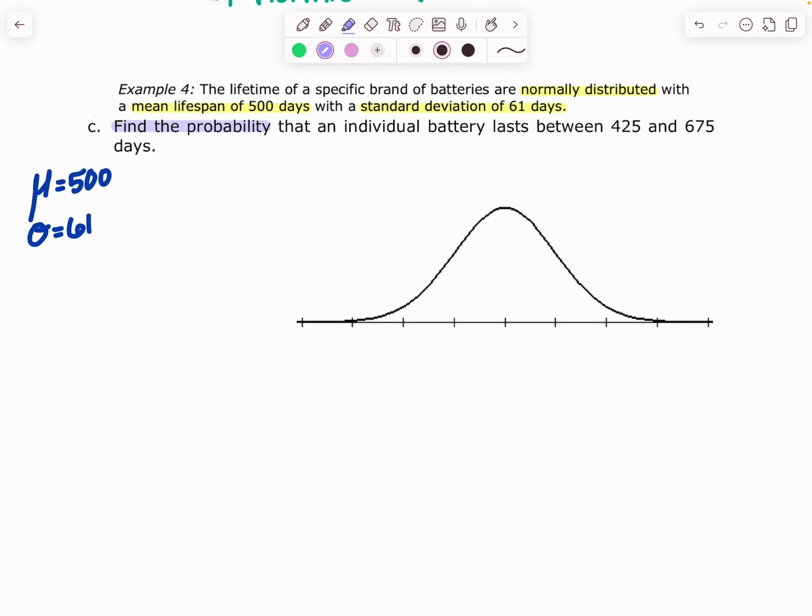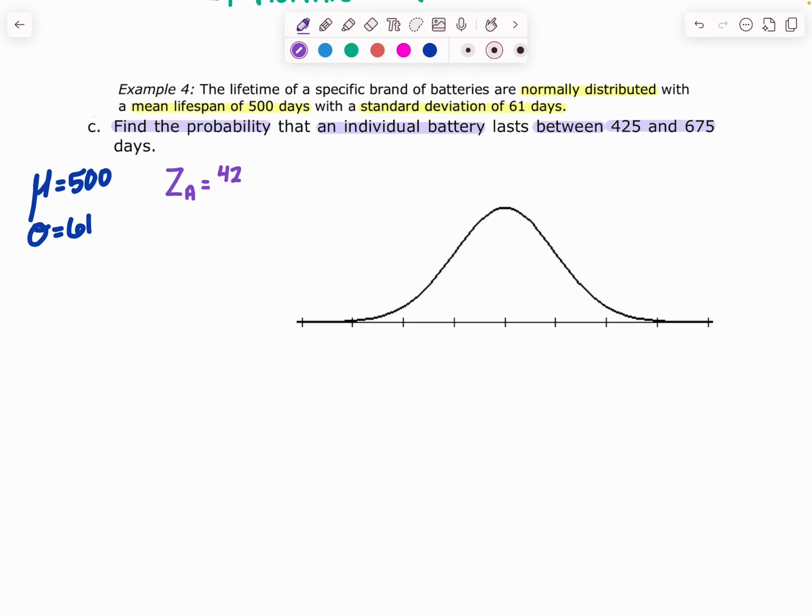So we're being asked to find the probability. We're looking at an individual battery. Now we're looking for between, and we have two values, 425 and 675 days. So for this type of problem, we have to find two z-scores. I'm going to call the first z-score ZA, and that's going to be the first number.